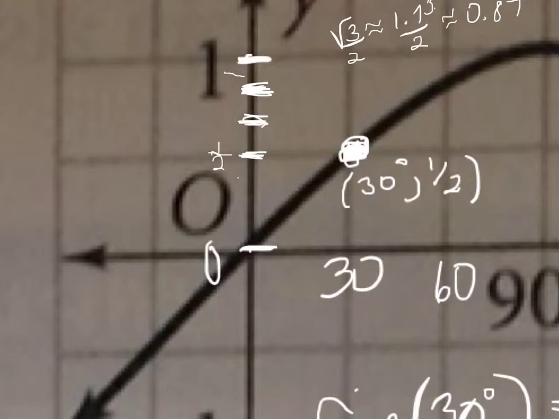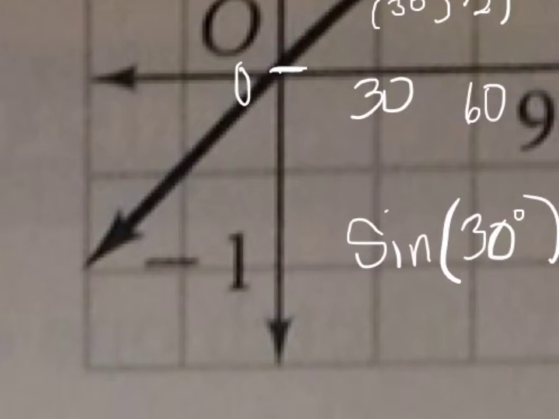So fine, we've got root 3 over 2, root 2 over 2, 1 over 2, right? And then of course 1 is the top one. And then if I look at the negative values, it's going to be the same thing, of course negative: negative 1/2, negative root 2 over 2, and then negative root 3 over 2.